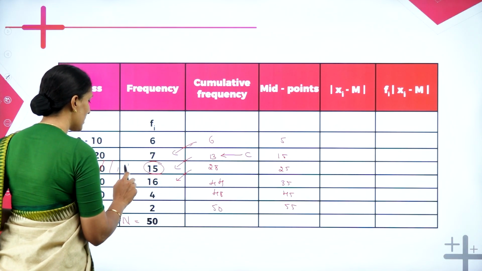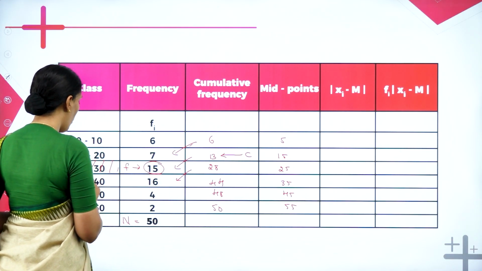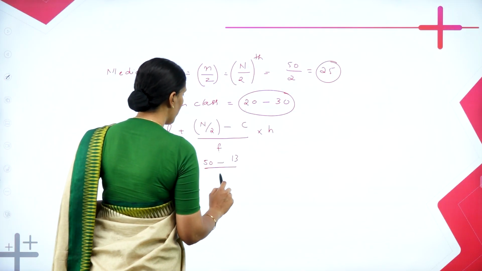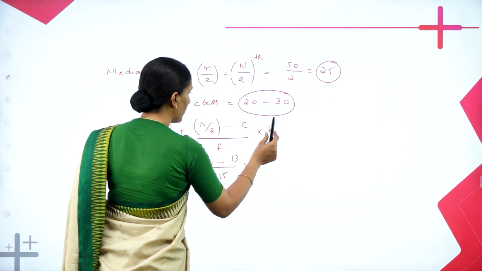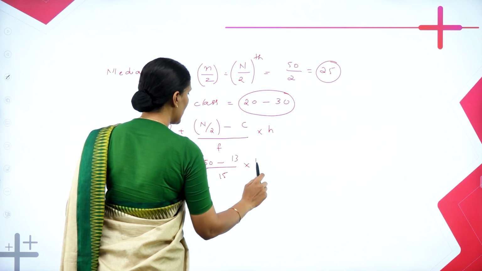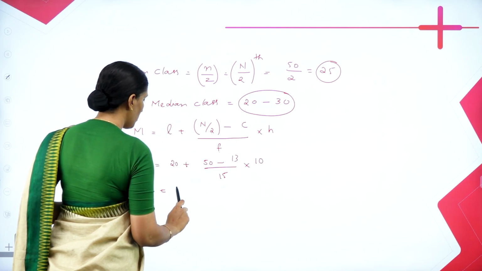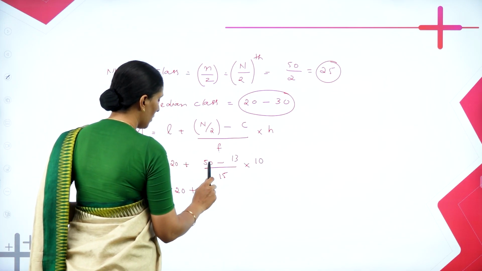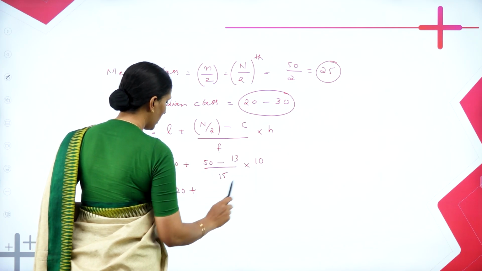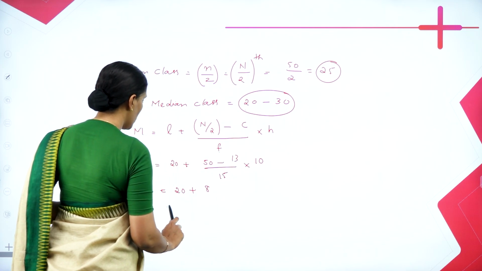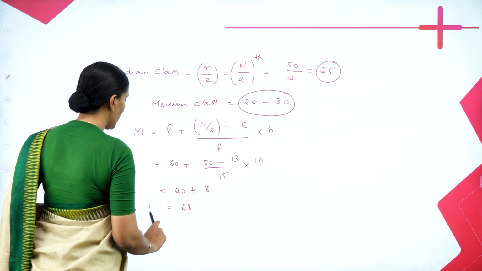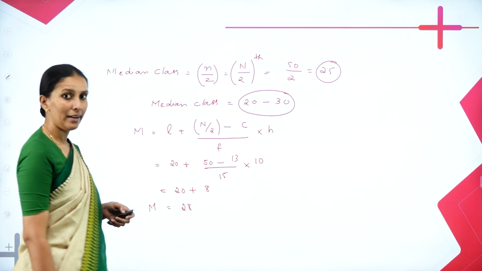This itself is F. Frequency of the median class, that is 15. And height of the interval or size of the interval is here 10. So once you calculate, you will get 20 plus 15 minus 13 by 15 into 10. You will get the value as 8. So therefore, the median value, you will get it as 28.